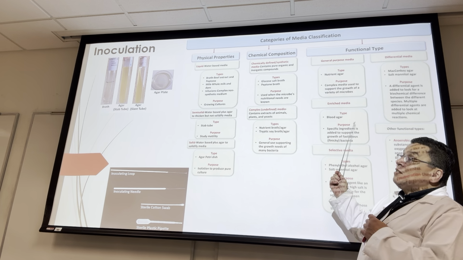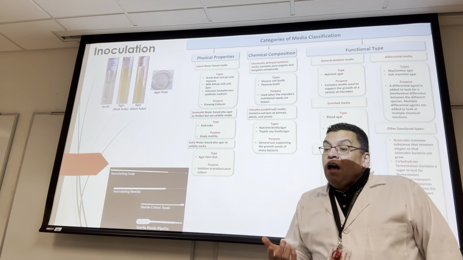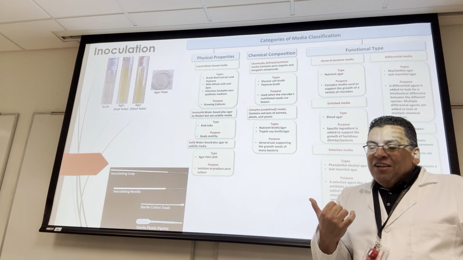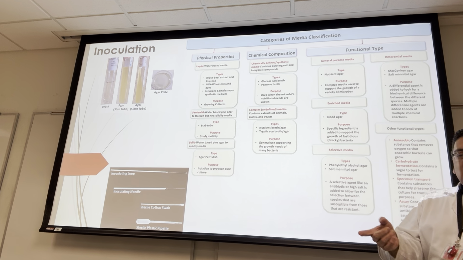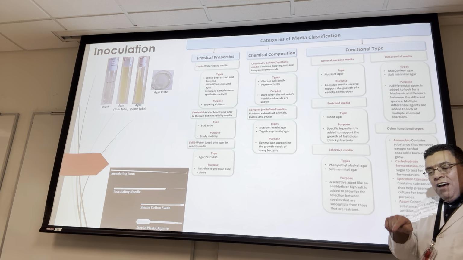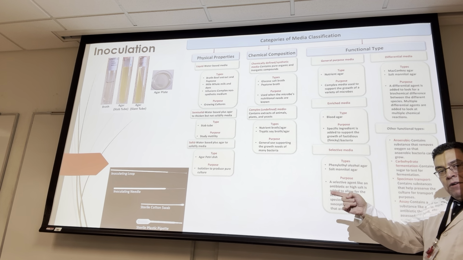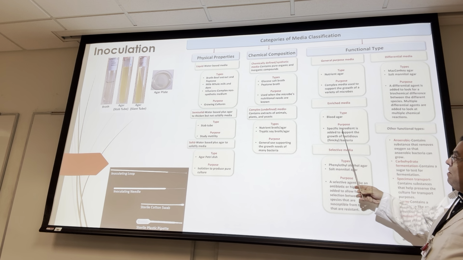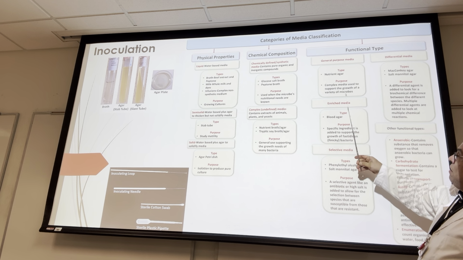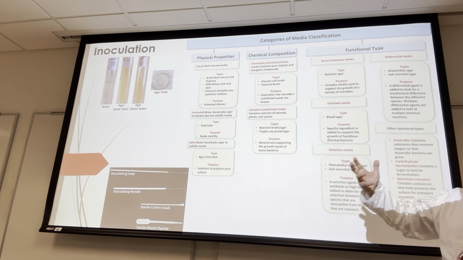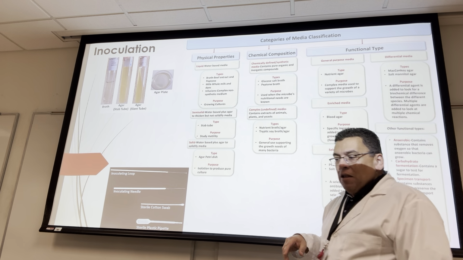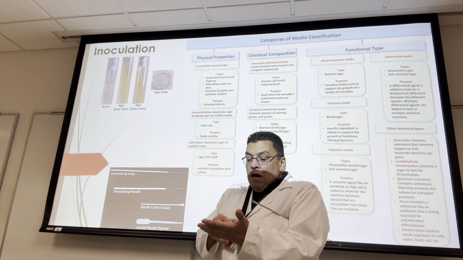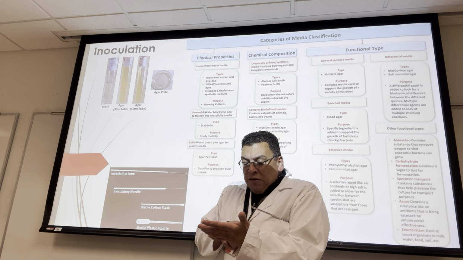So in some cases, bacteria, they say, you know what? I can grow on this media, but I'll grow better if you enrich the media. If you add something in there that helps me grow better. That in the world of bacteria, it's not Heineken. It could be growth factors, different amino acids, and so on. So some bacteria say, I will grow better if you give me 1% amino acid.